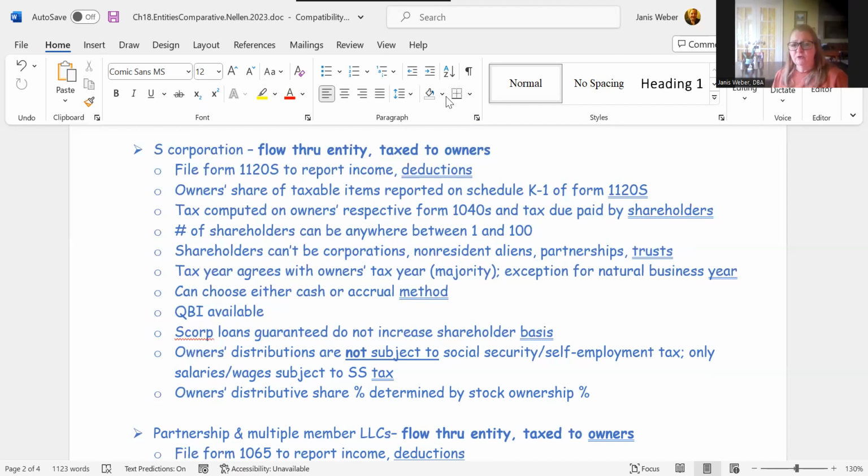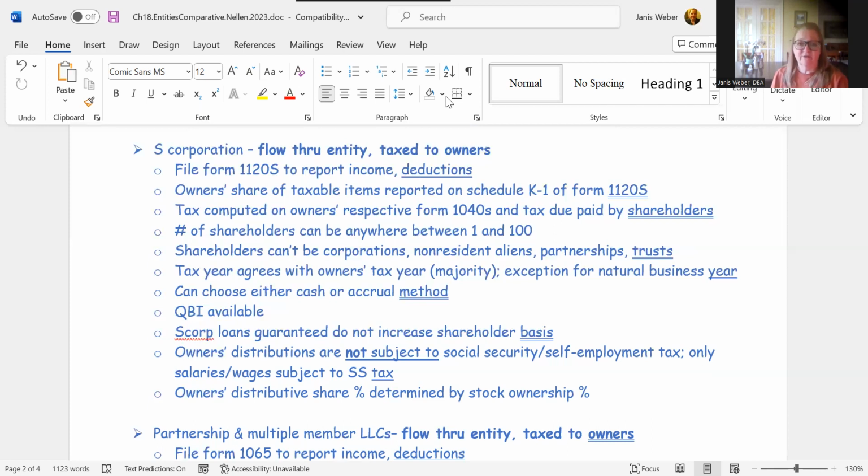And then the number of shareholders can be anywhere between 1 and 100. So it is limited in the number of people that can be shareholders, or the number of shares of stock that could be issued to different people. But there is one caveat that's not mentioned here, but we did mention it in the S Corp chapters: remember the family members, related parties are not separated for the purpose of this maximum of 100 shareholders.